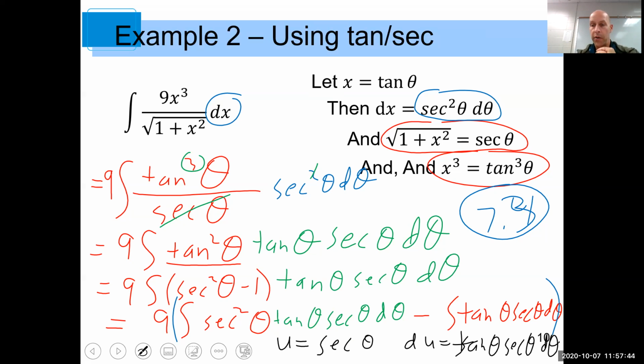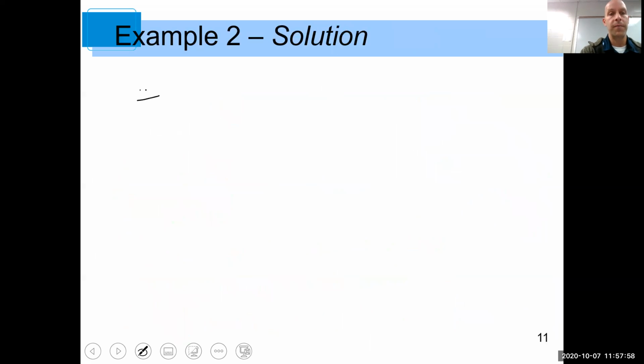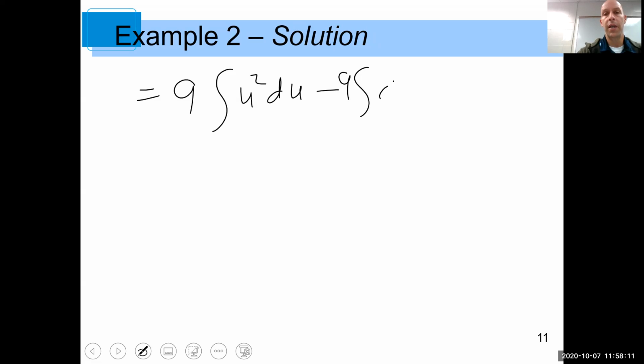Okay, so let's go ahead and go to the next slide. So this secant squared theta is u squared. So this is basically going to become 9 times the integral of u squared du, and then minus the integral, and this is going to be a 9 as well, of du, where u is secant theta.